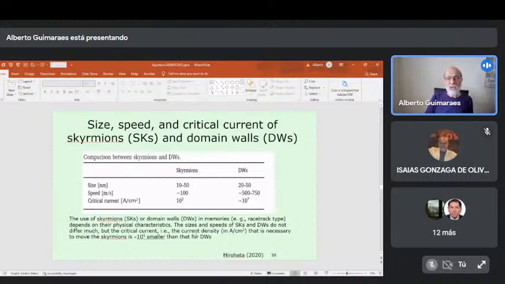The advantage of the skyrmions when compared to the domain walls: the size is comparable, tens of nanometers, and the speed more or less comparable, of the order of 100 meters per second. But in this comparison, very important is the advantage of the skyrmion in terms of critical current, the current that starts the motion of the skyrmion. The skyrmion needs critical currents 10 to the 5 times smaller to be moved as compared to domain walls.